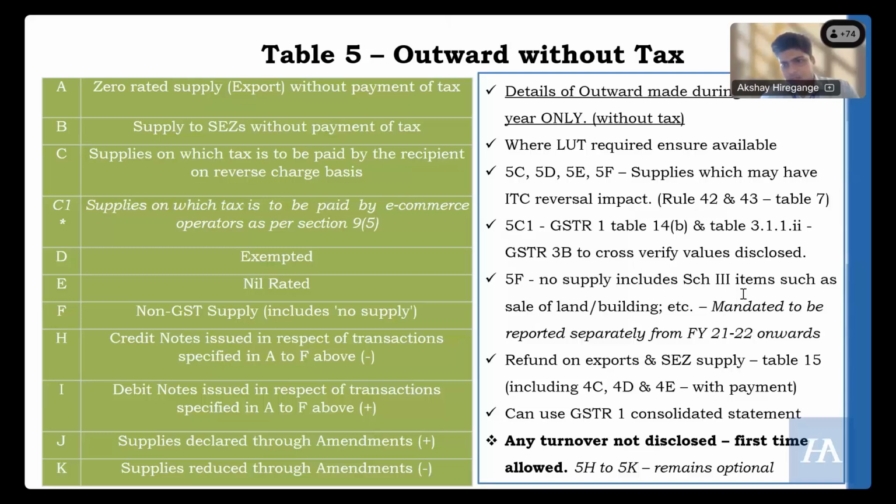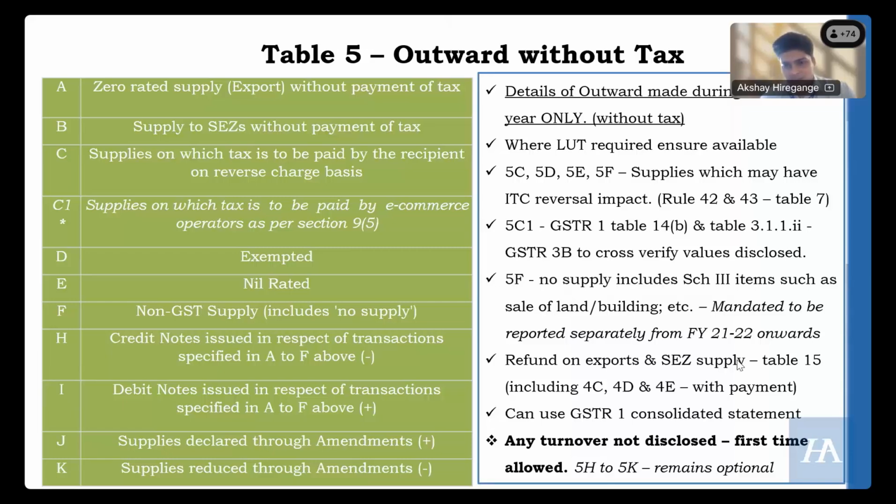Invoices of 23-24 reported in 24-25 returns. Even if it auto-populates, you need to remove it, is what our view is. Can we report zero rated supply in 9C even if we haven't reported it in the GSTR 1 during financial year 23-24? Yes, you can report it for the first time here, but whether your refund will be processed based on this disclosure alone, you may have to think about it a little more.